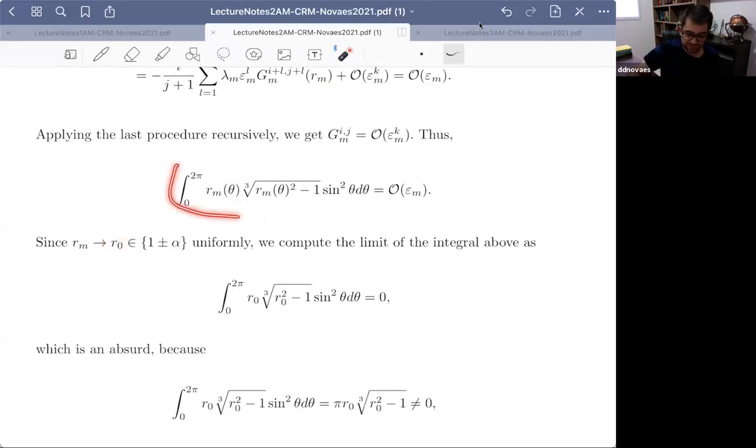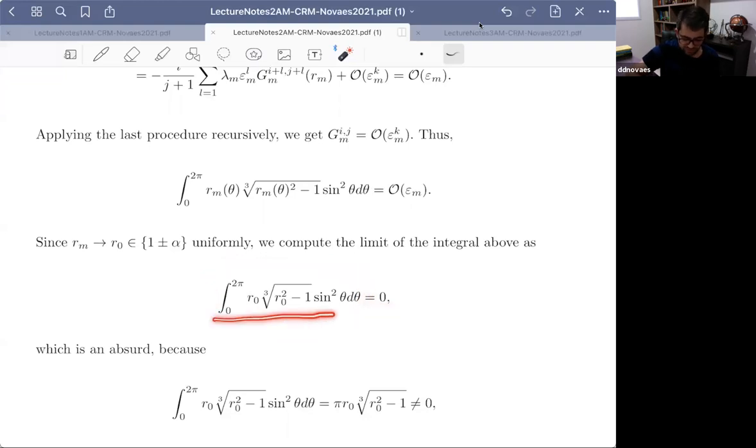So the limit of this integral is the integral of this limit. Okay, and in the right hand side it goes to 0. So what we conclude is that the integral of R0 multiplied by the cubic root of R0 squared minus 1 times sine squared of theta, this integral is equal to 0.